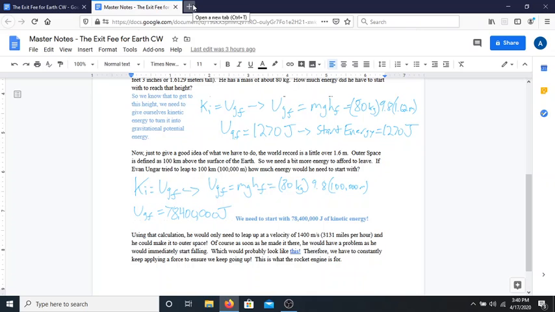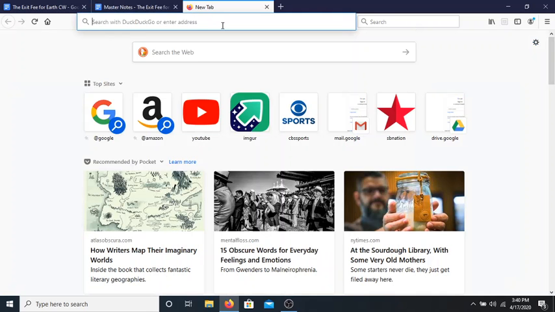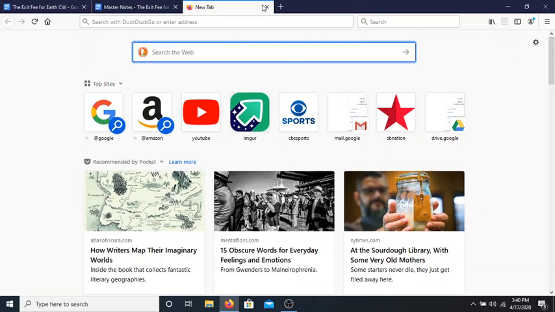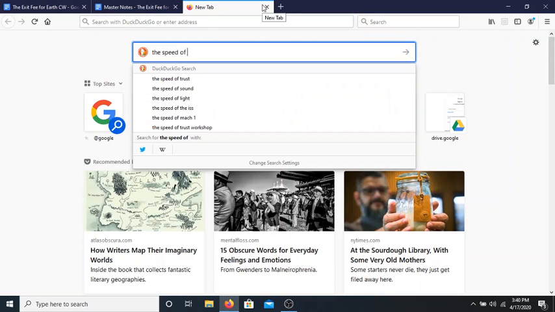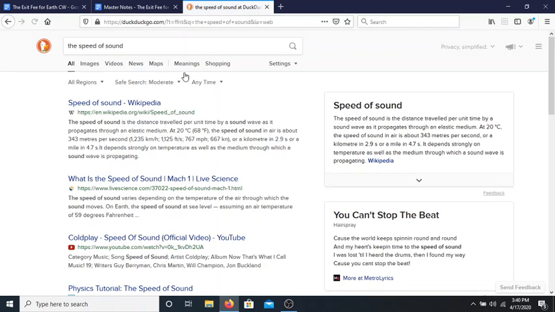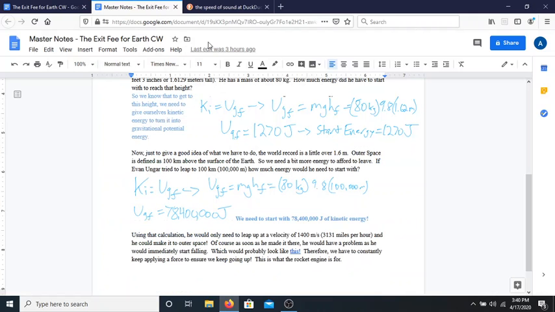And just to give you an idea of how fast that is, the speed of sound is 767 miles per hour, and he would have to jump at 3,131 miles per hour. So that's really fast. He'd break the sound barrier, break a lot of other things too, probably.